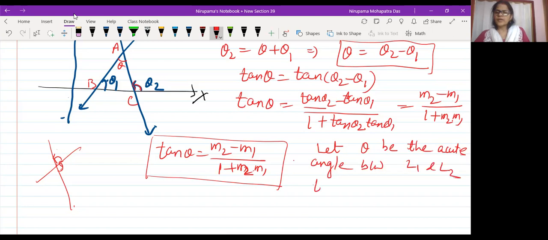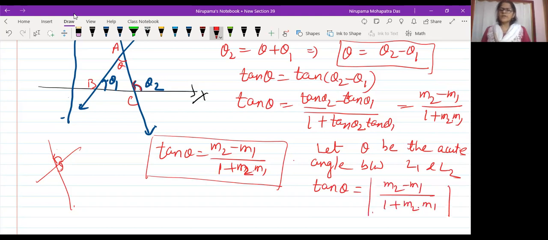In that case, tan theta will be the modulus of m2 minus m1 by 1 plus m2 into m1. Now in case someone takes m1 minus m2 and someone else takes m2 minus m1, though you get answers which differ by a negative sign, by taking this modulus sign that problem can be solved.